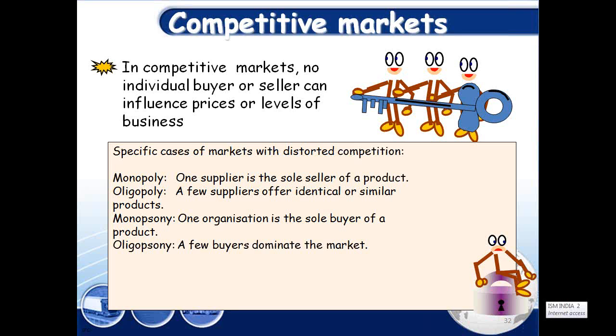Monopoly is one supplier, a sole seller, while monopsony is the reverse of that: there's only one buyer. Similarly, oligopoly and oligopsony: few suppliers offer identical or similar products, and few buyers dominate the market. So it's the other way around.